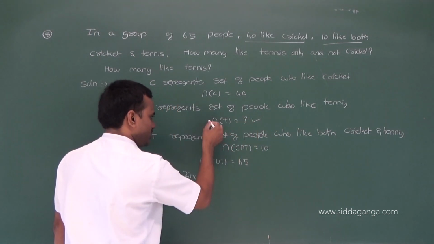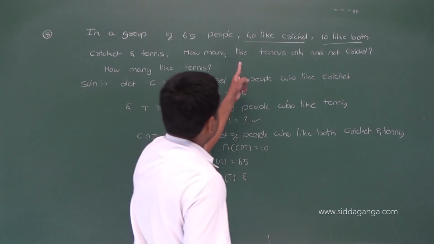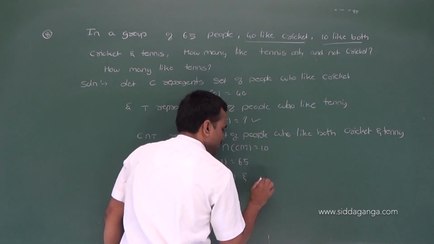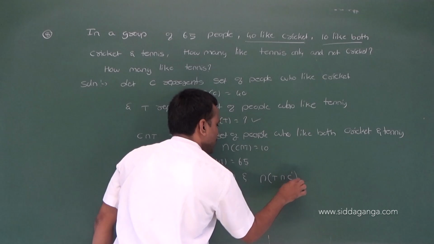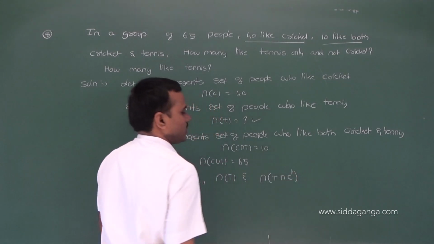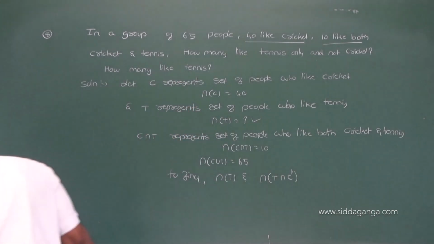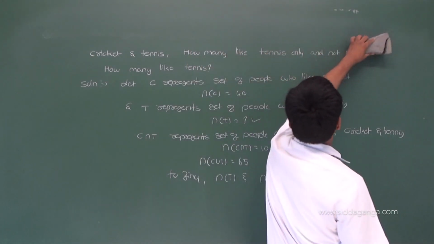To find, I write once again, n of T, and one more: the set of people who like tennis only and not cricket, n of T intersection C dash. So we know that formula.